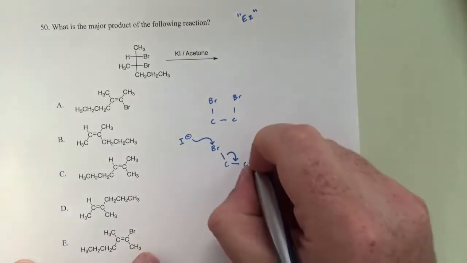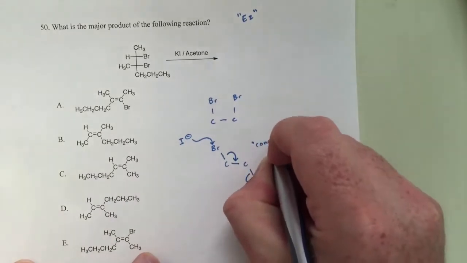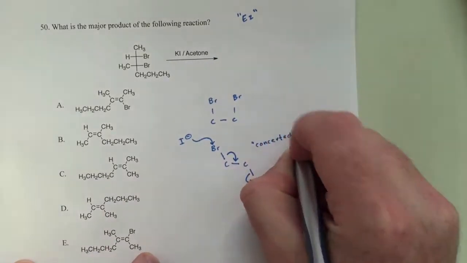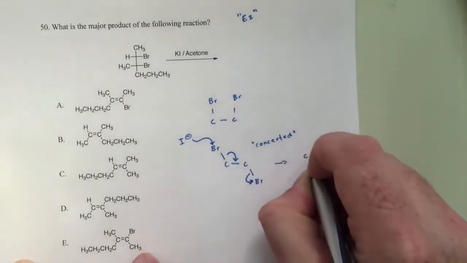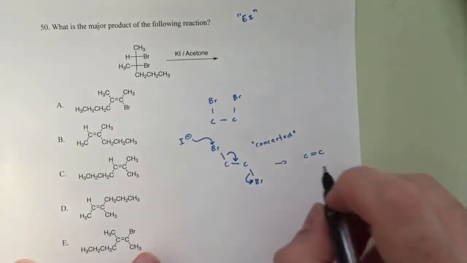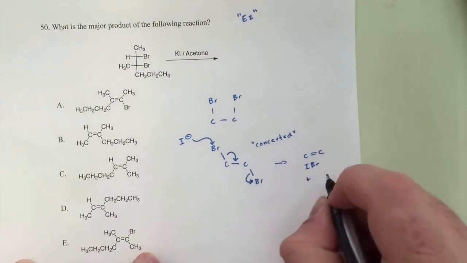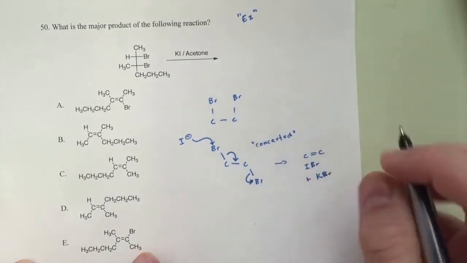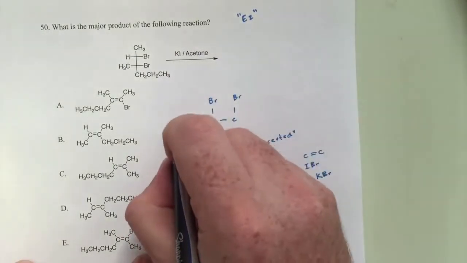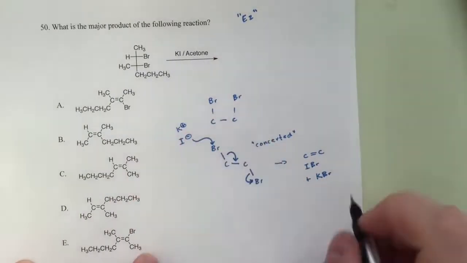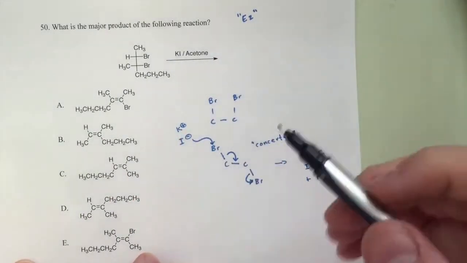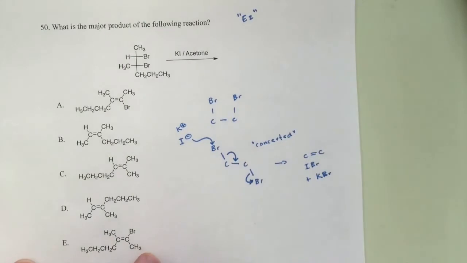And this is all concerted, meaning it happens all at the same time. You get your alkene as a product, you get IBr as a product, and you get KBr, because remember we have that potassium still floating around with the iodine, and so that potassium will bind to the bromine that just got kicked off, and so you get potassium bromide.